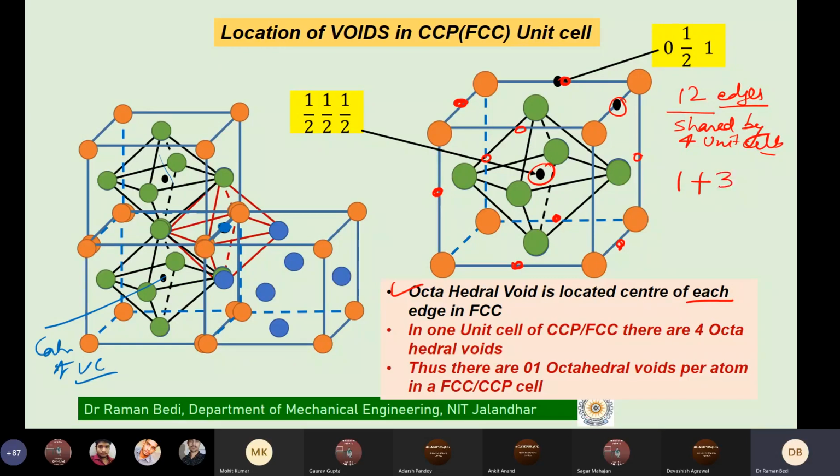So it gives me 3 complete, and the center gives me 1. So 1 at the center and 3 complete at the edges. Although there are 12, they are shared by 4 unit cells. And that is why the total number of octahedral voids in one unit cell of the FCC structure happens to be 4. And incidentally, the number of atoms in this was also 4. So you have one octahedral void per atom in a FCC unit cell.